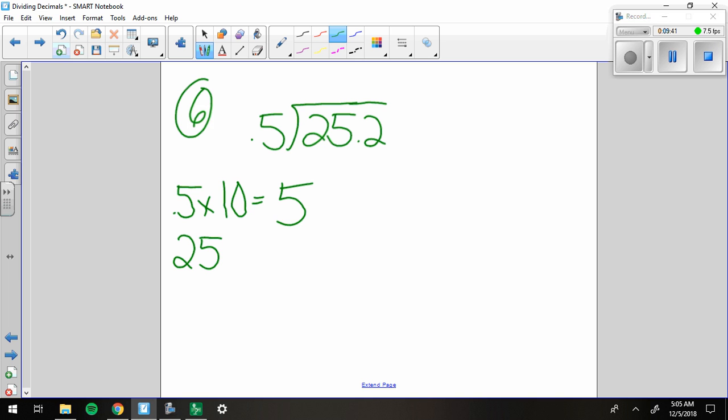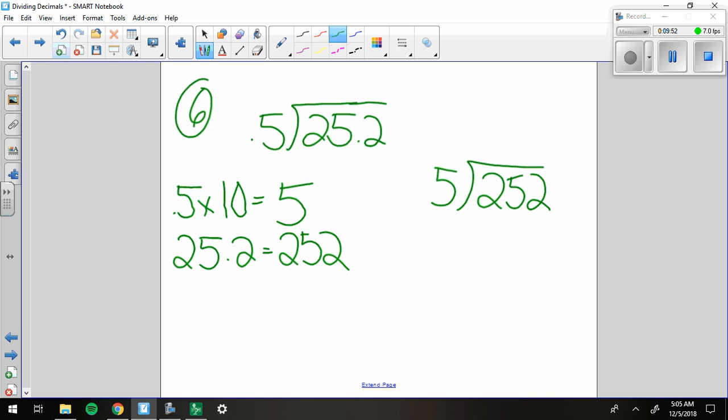I do the same thing with my dividend. New problem. 5 is my divisor. 252 is my dividend. And let's see. 5 goes into 2, 0 times into 25. 5 times, and that's 25. I'll bring down my 2.